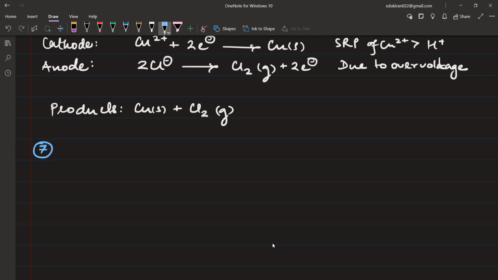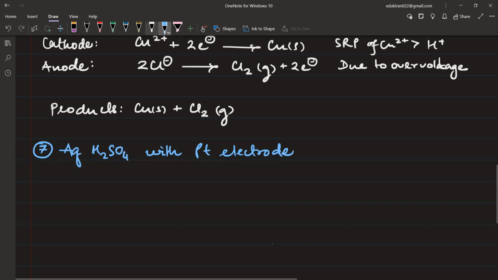Right, the seventh reaction, aqueous H2SO4. It's the same thing, platinum electrode. Now if I compare H2SO4, this is also going to give you H+, and from water you are also going to get H+.